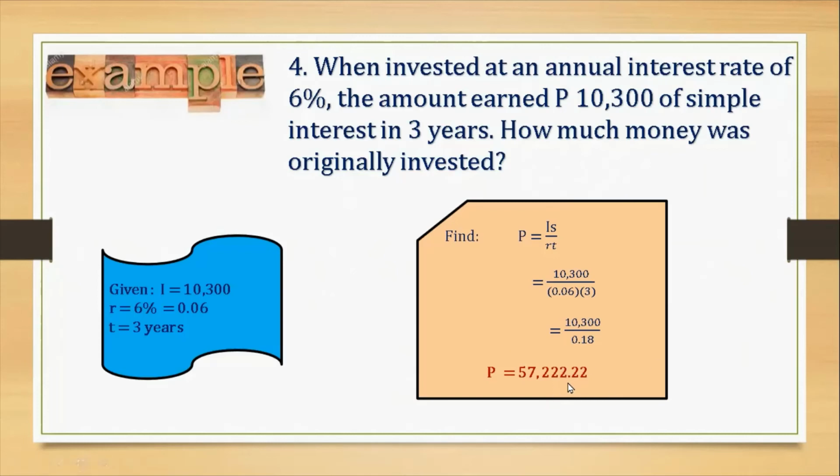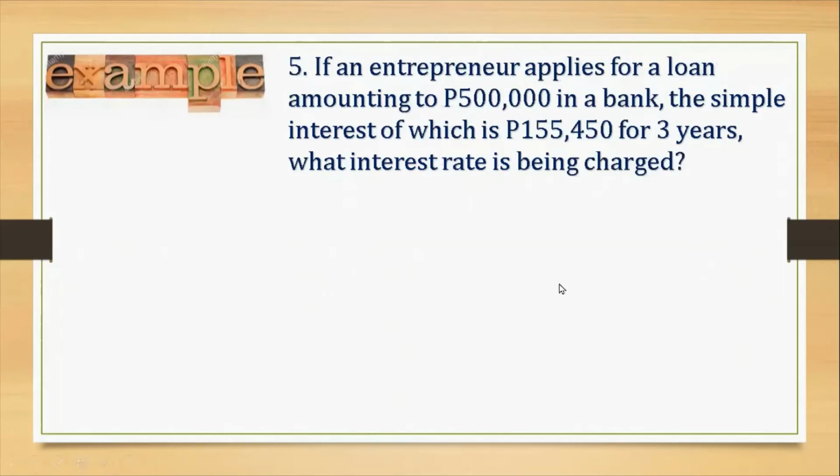This is rounded off because it's 222 and so on, so we need to cut it off at exactly 2 decimal points. So we have there for the principal or the original money being invested, that's 57,222.22.